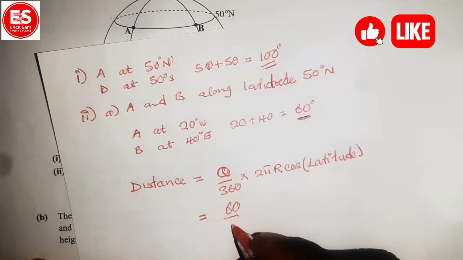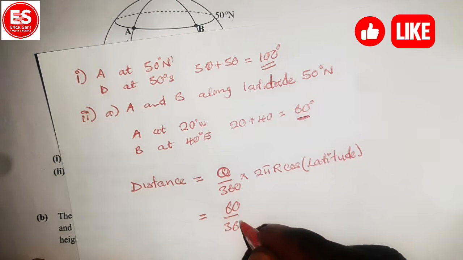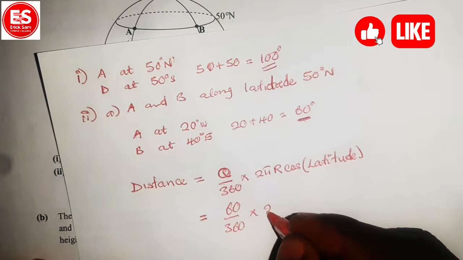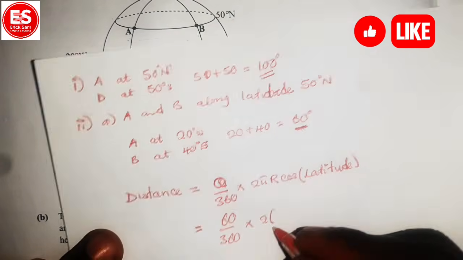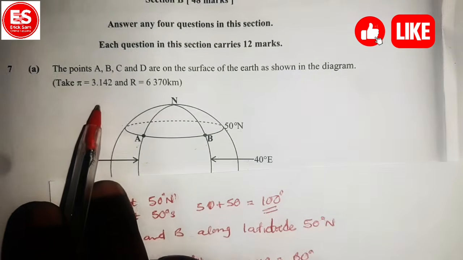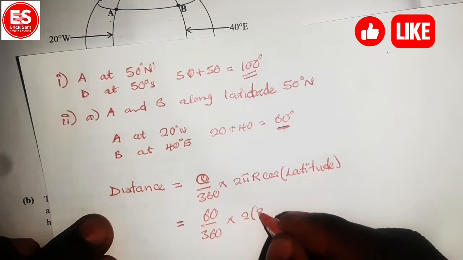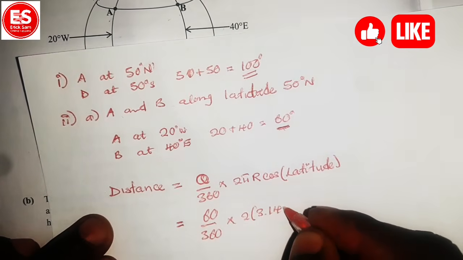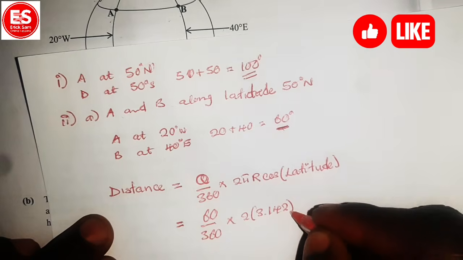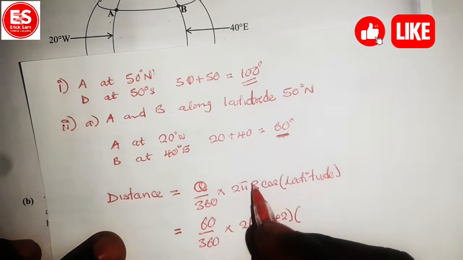60 over 360 times 2 times pi. We have been given the value of pi, so we substitute 3.142.